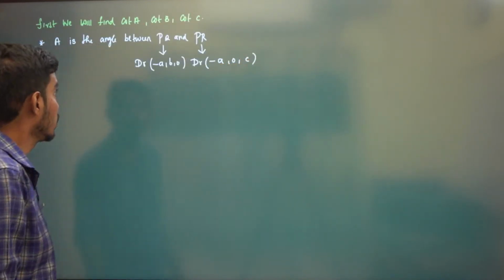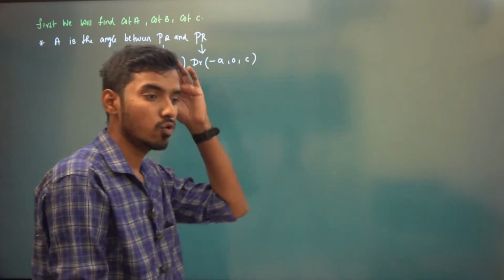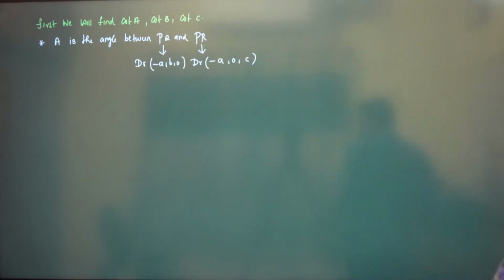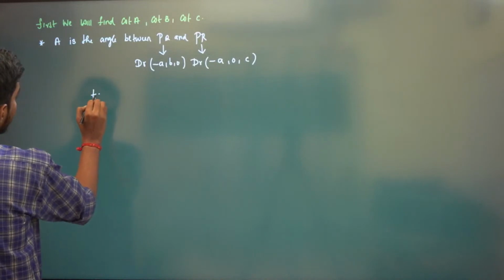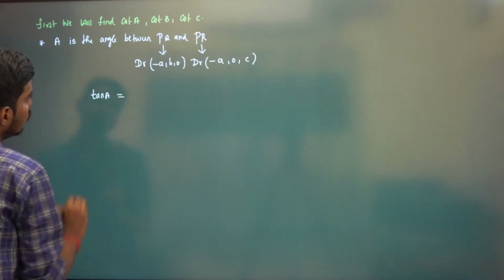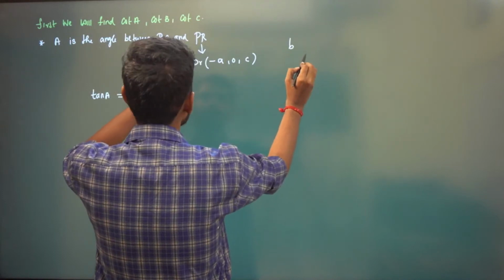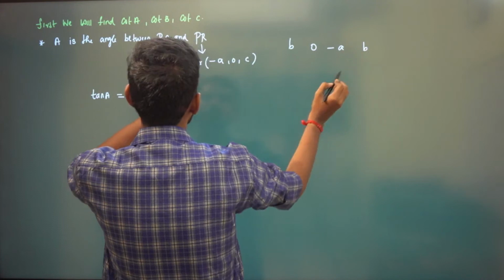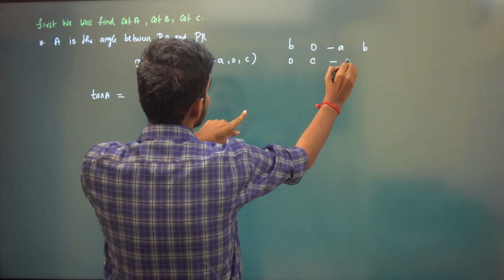Is it clear? Now you find cos theta. You can find tan theta, because we know how to find tan theta if you know the direction ratio of two lines. Now what is tan A? A is the angle between them. You write the direction ratios in this order: b, 0, minus a, b, 0, c, minus a, 0.